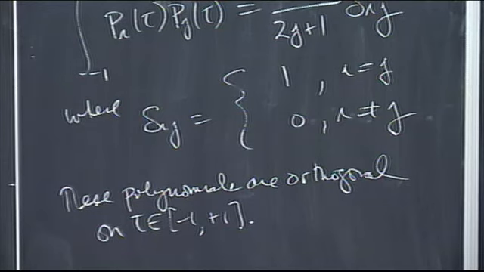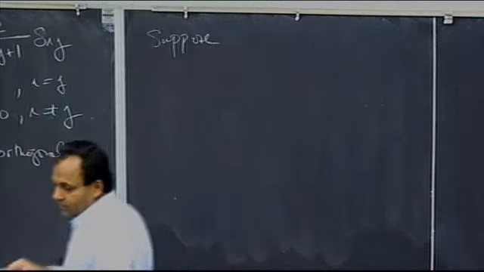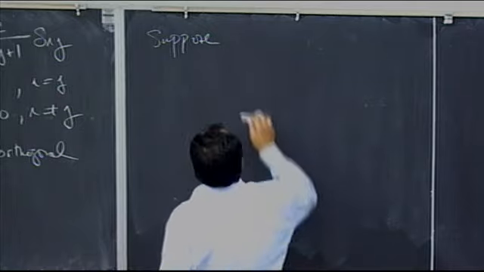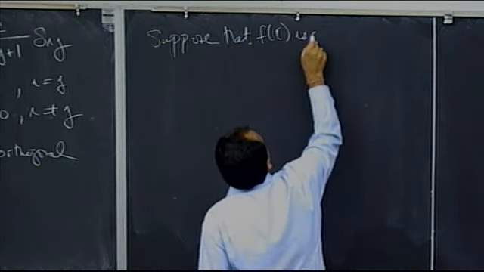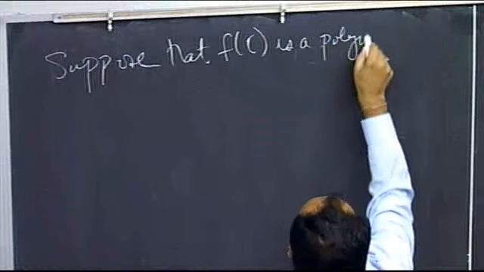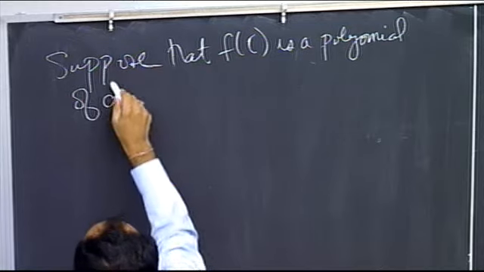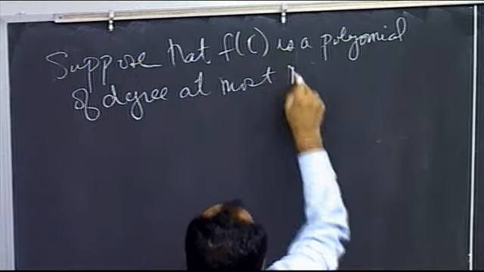Now, the thing about Legendre polynomials that you have to realize is that because they're orthogonal, suppose that f of tau is a polynomial of degree at most n minus 1.